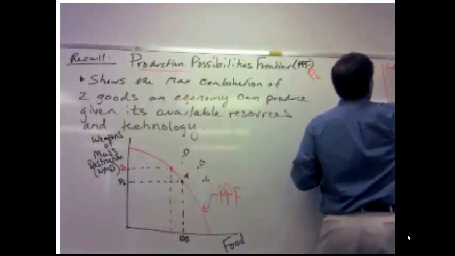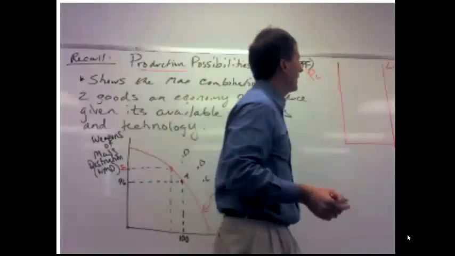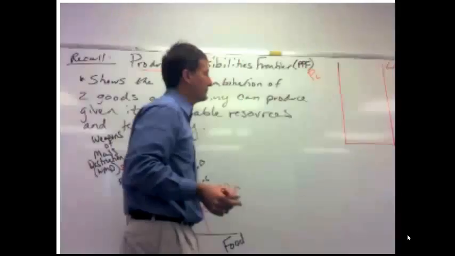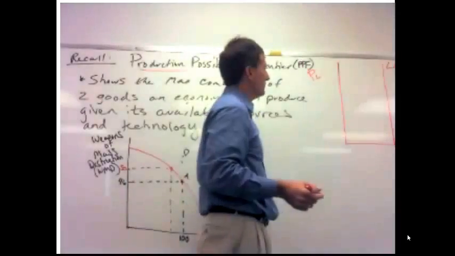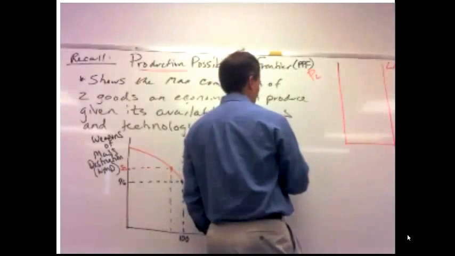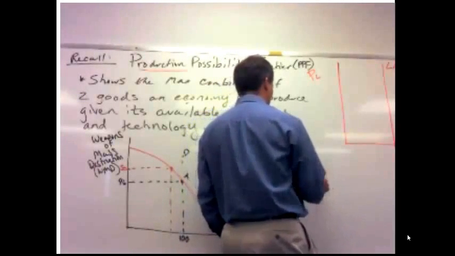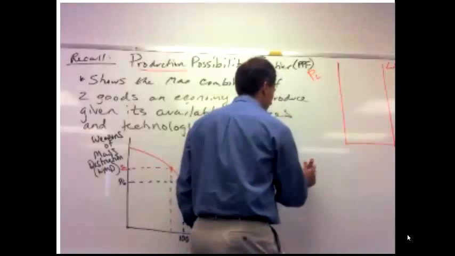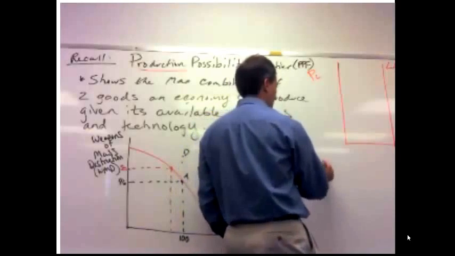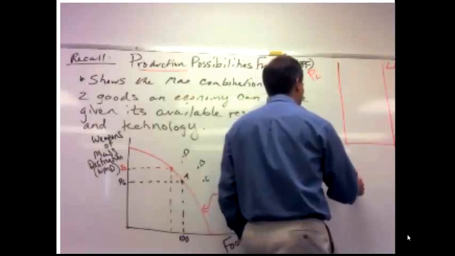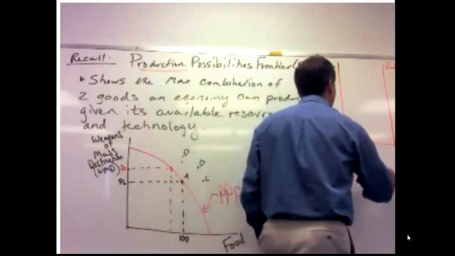And this is the long-run aggregate supply curve. So long run, I guess I can do a little R if I use that notation.